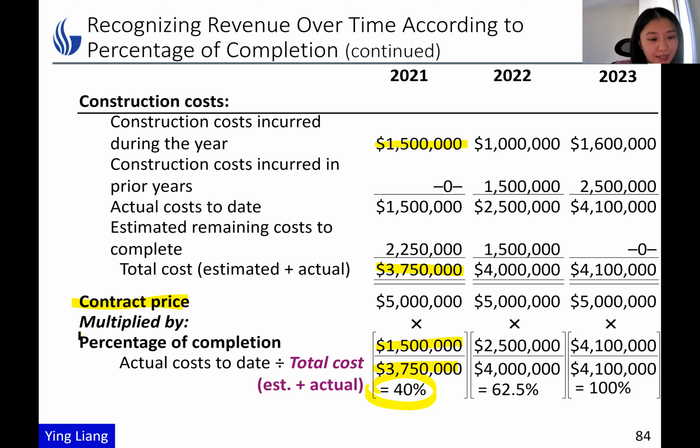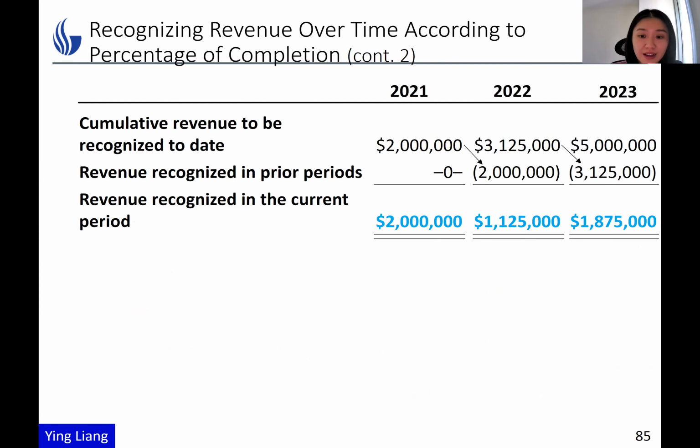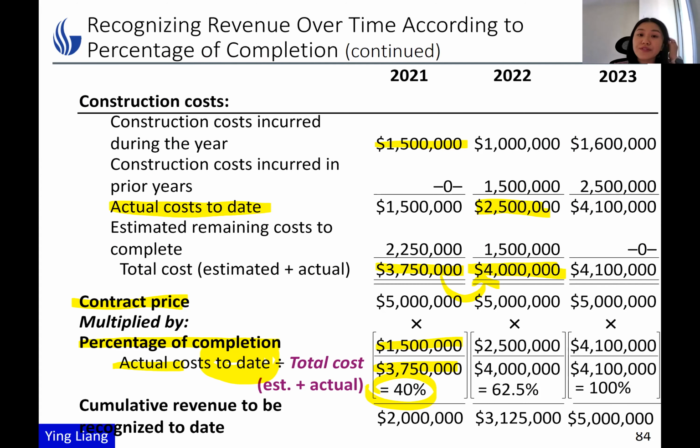Now see here, we're gonna do percentage of completion using the actual cost to date divided by the total cost. To date means in 2022, we're gonna use 2.5. 2.5 is the actual cost to date, and the total cost changes. See, it changes from 3.75 to 4. We've also covered this change in the previous slides, in the previous mini example.